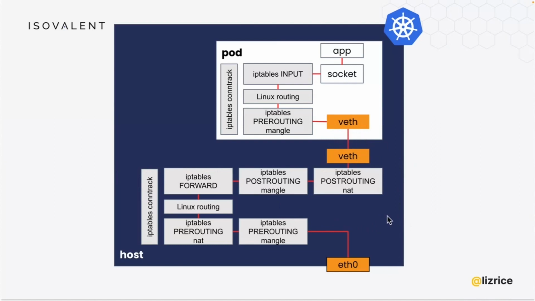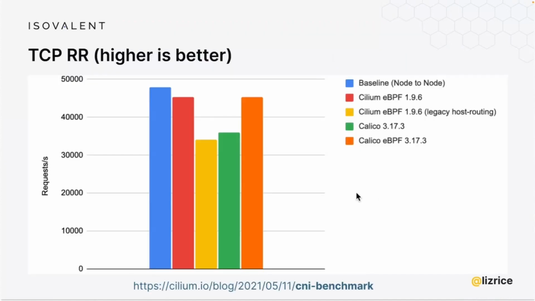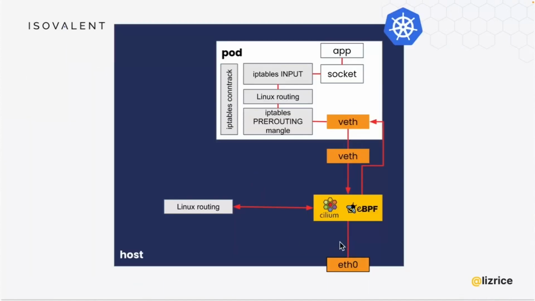A packet that's coming from the outside world to the application running in that pod has to pass through the host's networking stack and then cross over that virtual Ethernet connection, go through the pod's networking stack to reach the application. With eBPF, we can essentially intercept that packet as soon as it arrives.